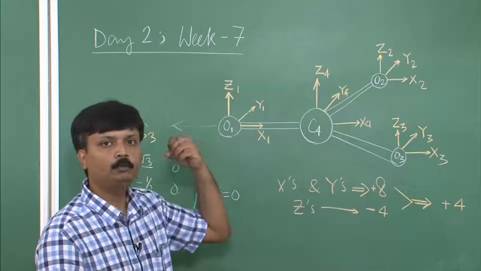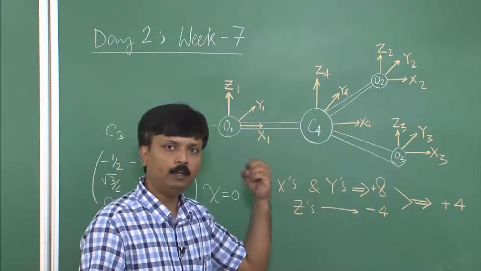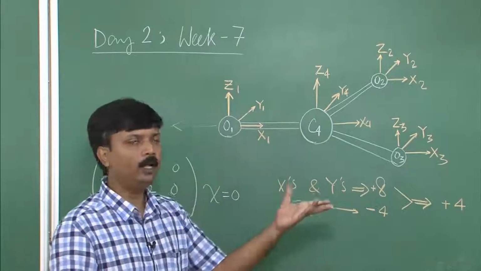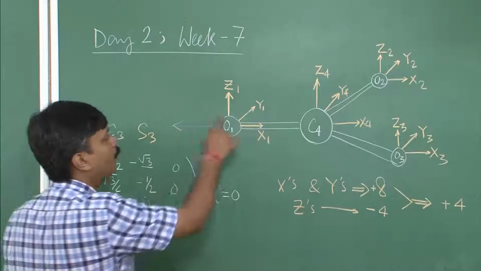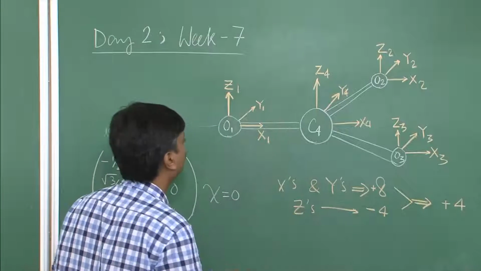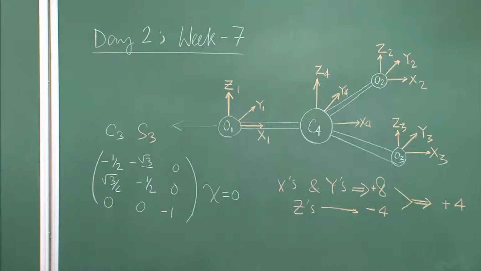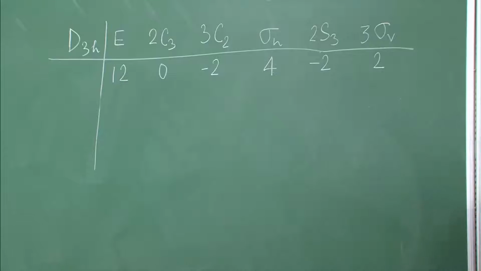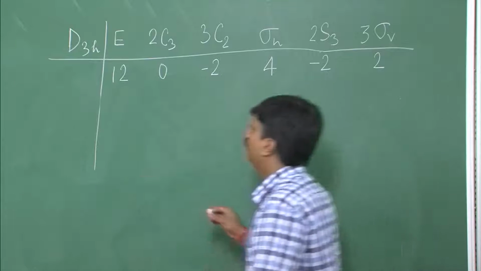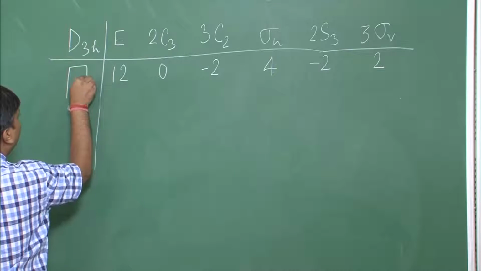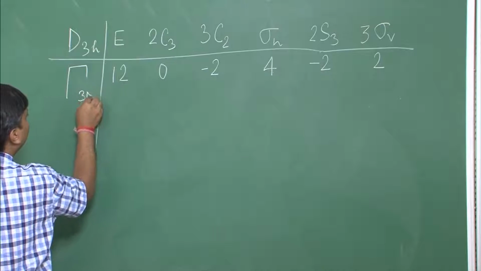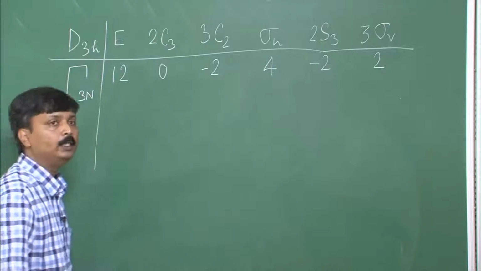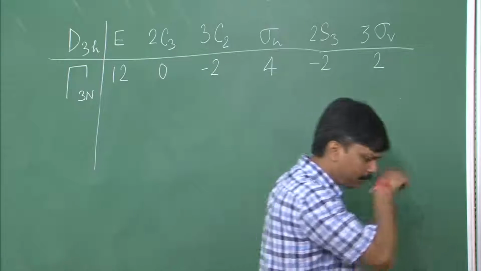So there will be contribution of -2 from the y's to the overall diagonal. So therefore I have 4 minus 2 equals +2. So sigma v's will contribute +2 to the overall character of the reducible representation. So this is my reducible representation that I got using 3n Cartesian coordinates as my basis set.